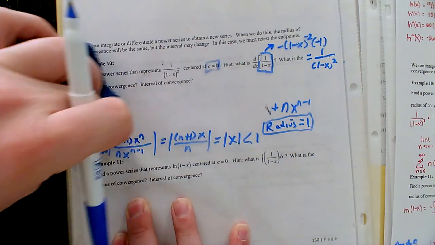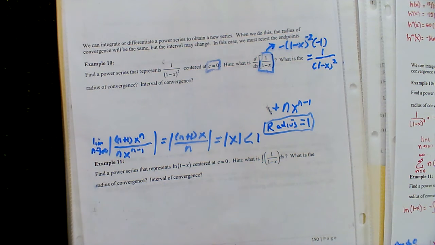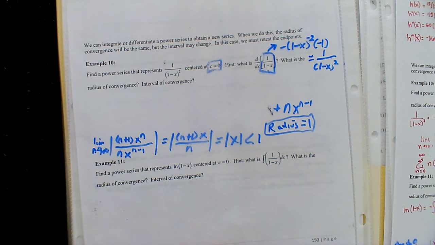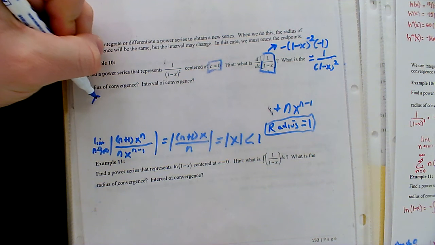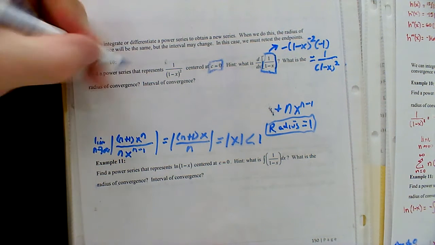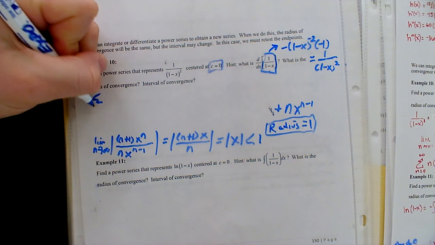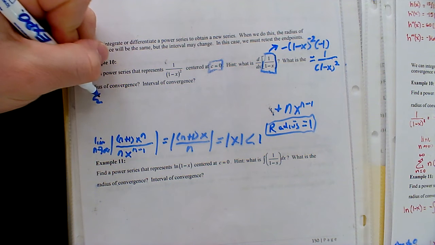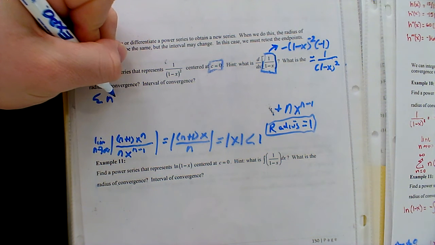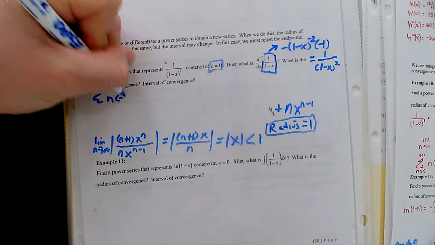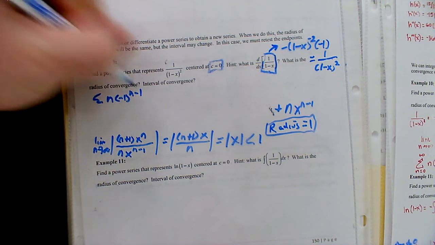I'll leave that much there. Okay, so I want to check minus 1. So this goes back to the question you were asking, Caitlin. How do we check those again? Summation of n times x to the n minus 1, but we're going to use minus 1 to the n minus 1.